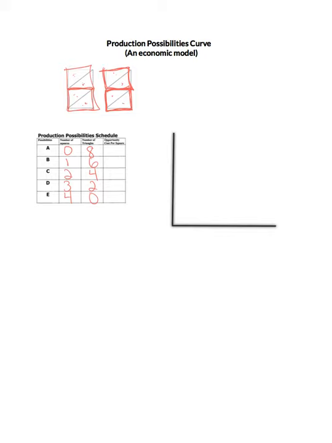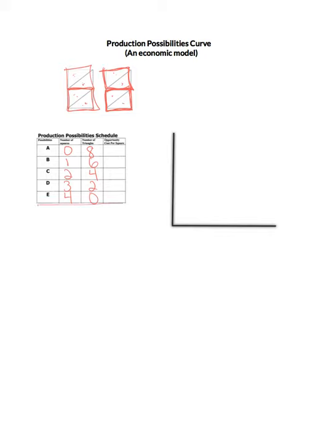Here's what we're going to do with this. The production possibilities curve is going to be looking at the combination of these two items that you could produce. Remember, I gave everybody these two sets of paper that they could choose from. Now we're going to plot the points that we just talked about in this table.